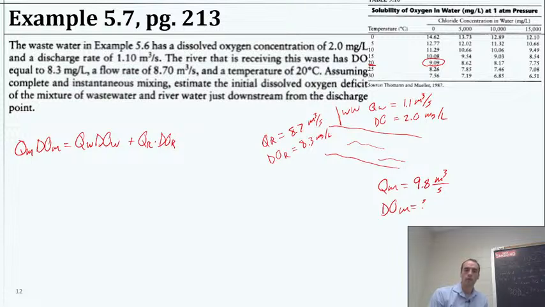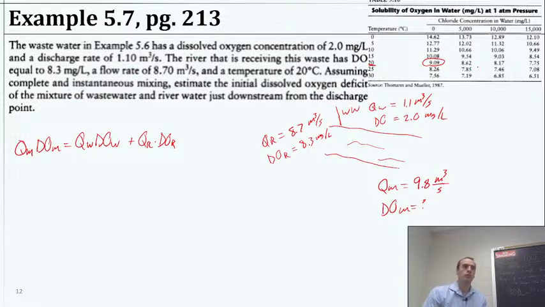All right, so we should have something that looks like a mass balance on dissolved oxygen. And then from there, we can take this little table up here that's showing us the solubility limits. We're not really given too much information, so we maybe assume that the chloride concentration is 0 for this table.